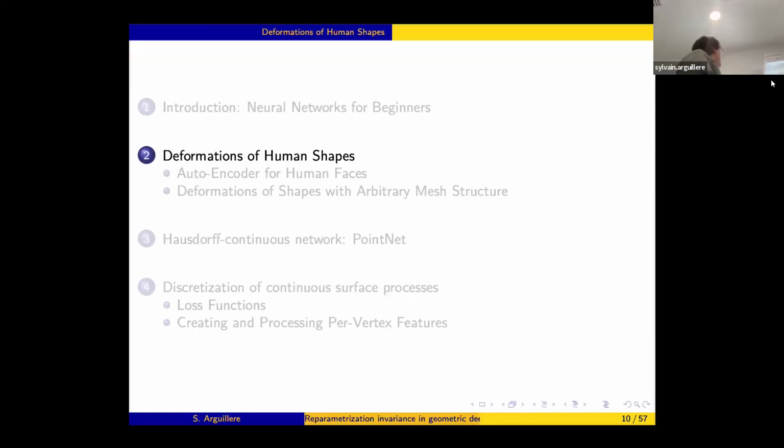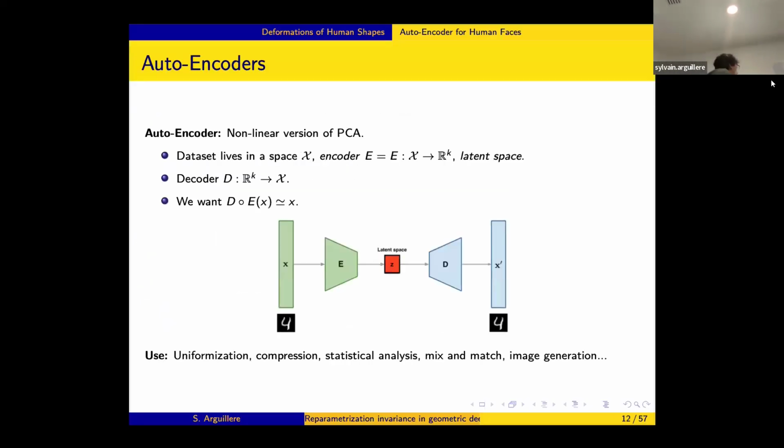Okay, so I'm going to talk now about the kind of problems we wanted to solve, and then I'll show you the methods that we had to solve them. So first of all, the first thing that Thomas worked on was an autoencoder for human faces. So an autoencoder, I see it as a nonlinear version of the PCA, the principal component analysis.